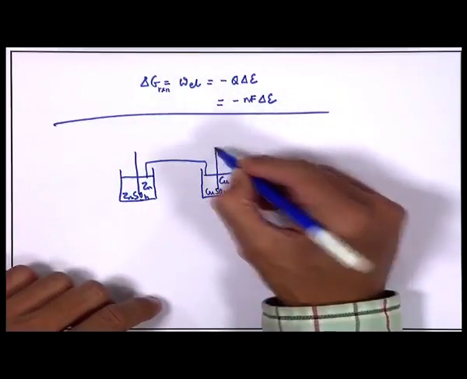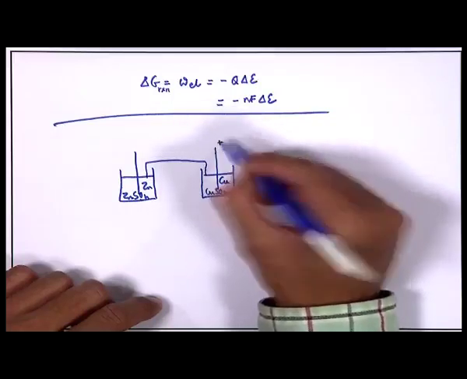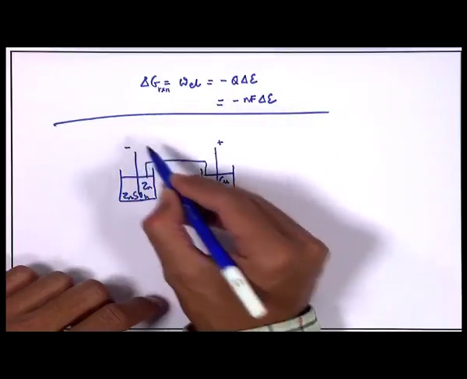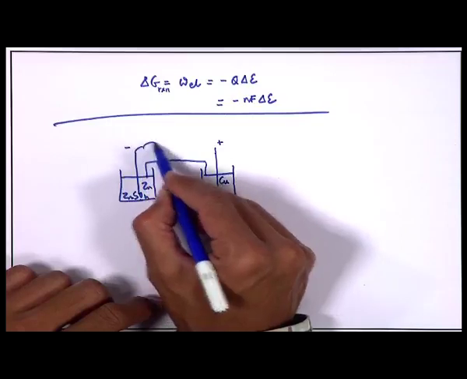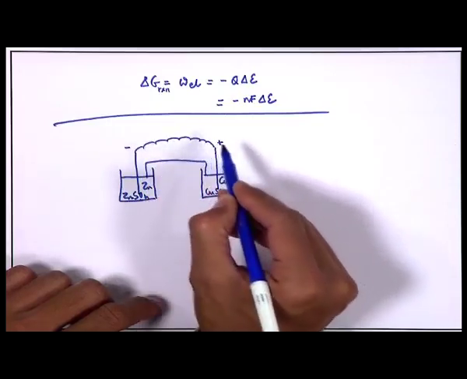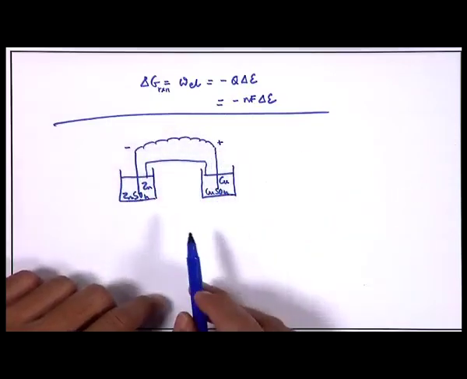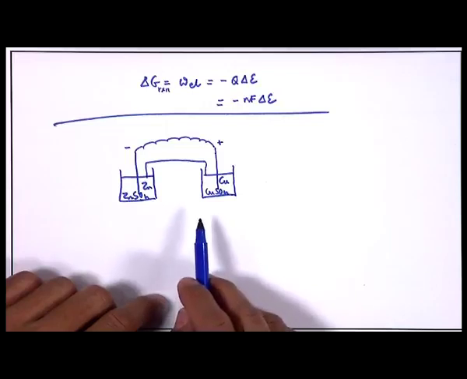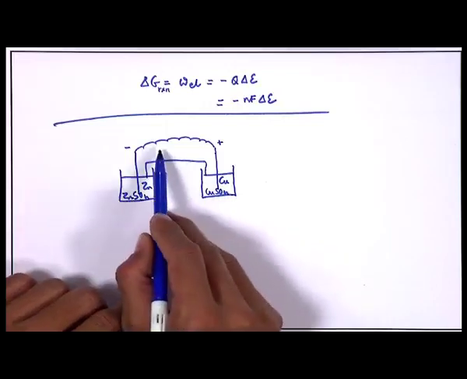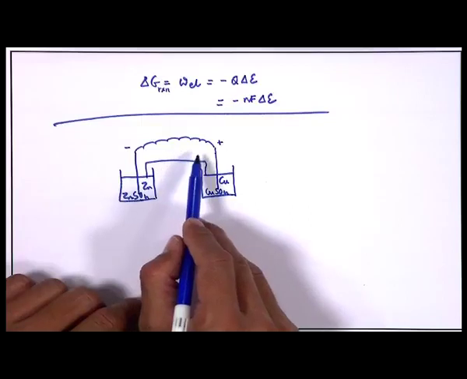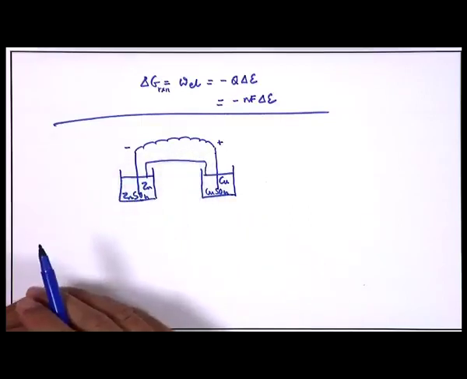This one is plus, this is minus. You can connect this with an external wire, so that electrons will flow in this direction and current will flow in the other direction.